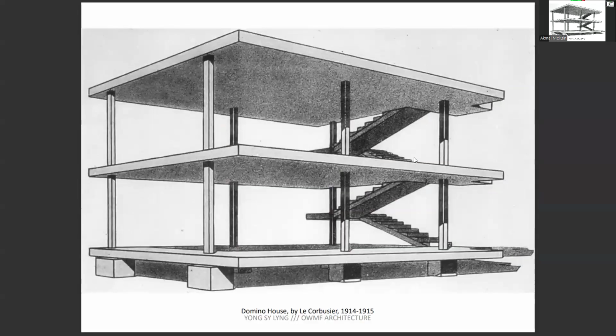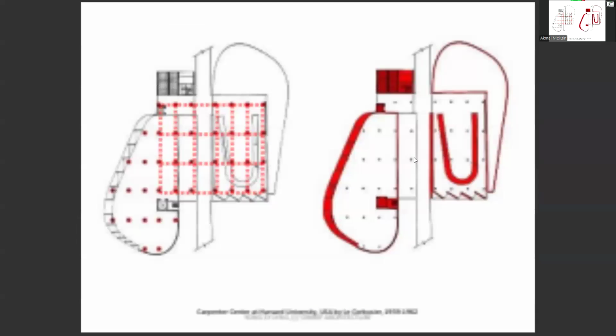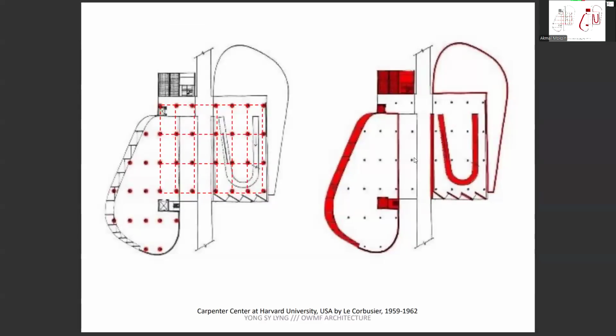You learn about the Domino house where the buildings are stacked, and the grid organizes the structural part of the building, and you have all the curves and elements that are off the grid that provide the spatial experience of the building, right?